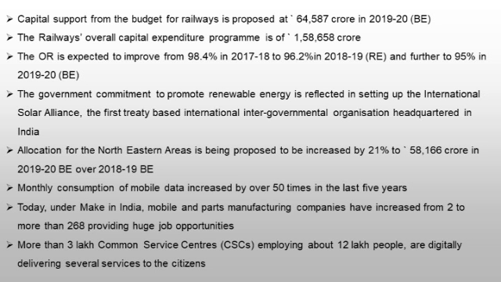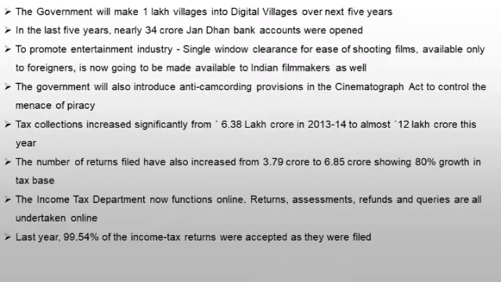And the government is also giving its progress report card on Digital India and all. Next, 1 lakh villages will be digital villages. 34 crore Jan Dhan Yojana accounts have been opened. Yeah, the third point is important.